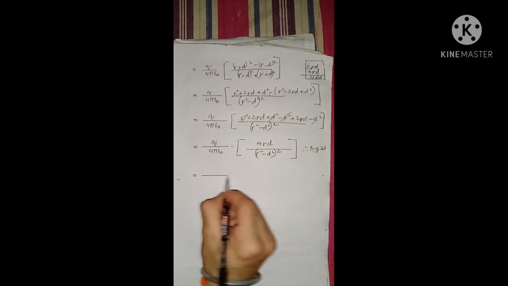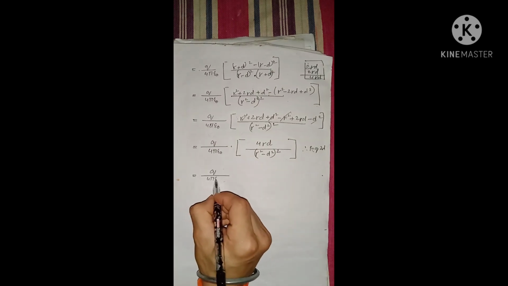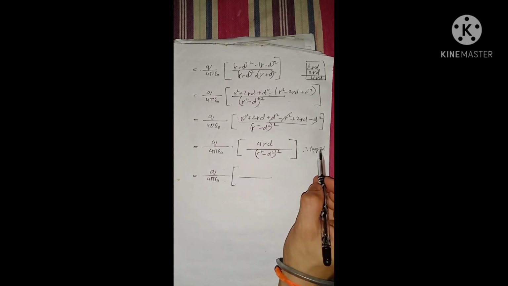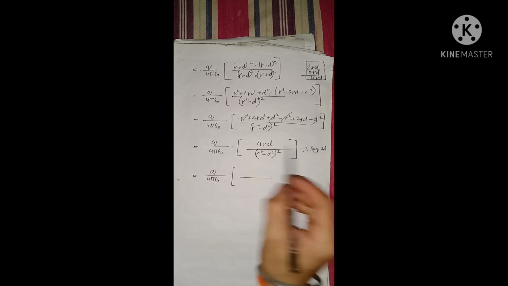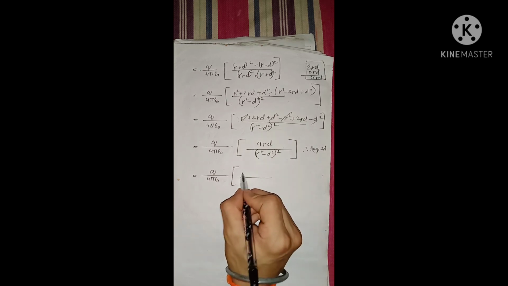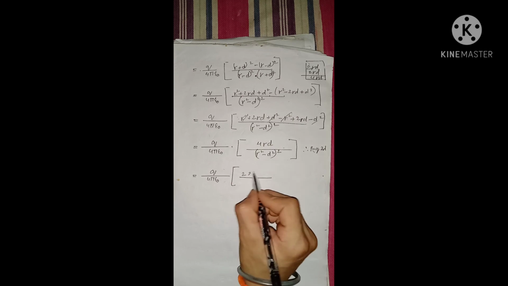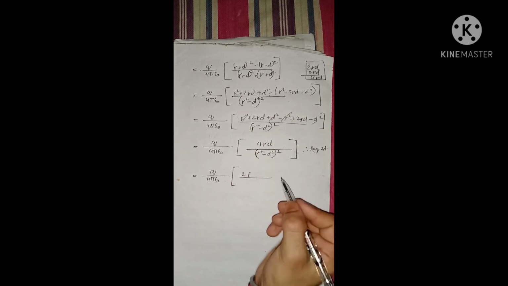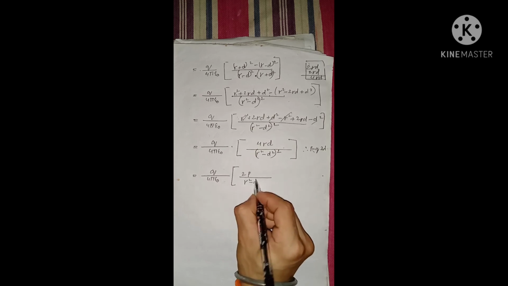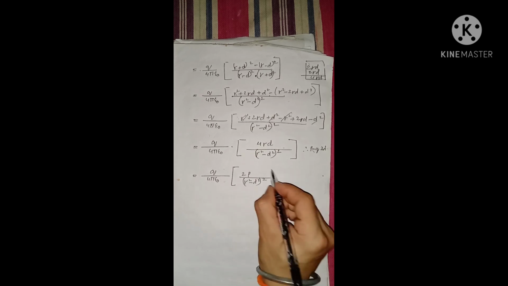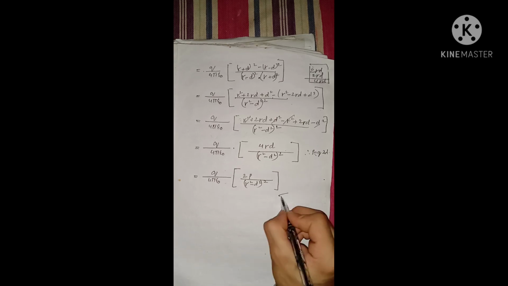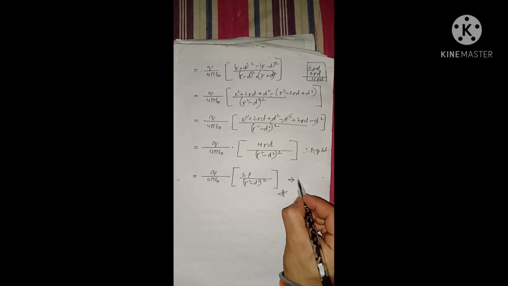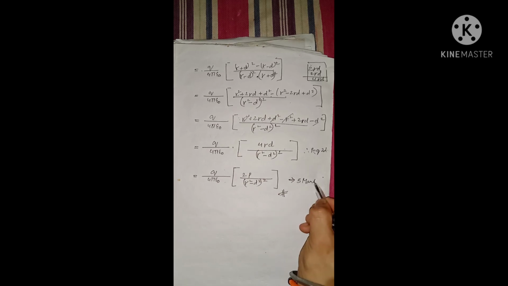Therefore we can write here Q by 4 pi epsilon naught into, since p is equal to q twice d, we can write here 2p by R square minus D square whole square. This is the required expression we need to find. This question may carry 3 marks. This question came for 3 marks in the last examination.